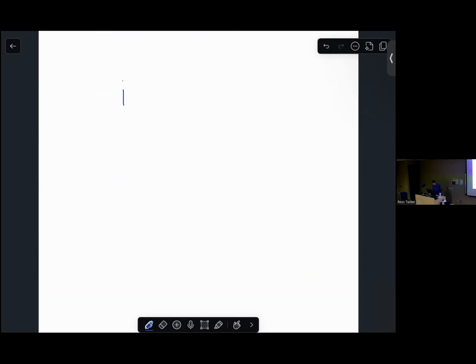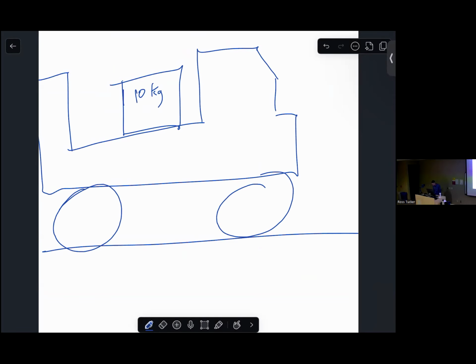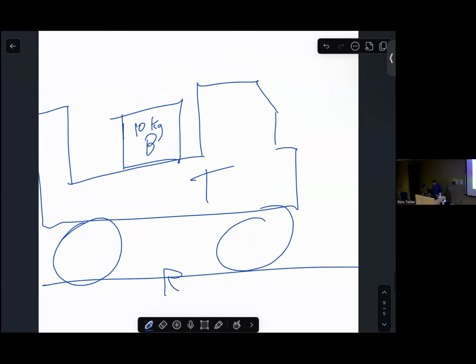A 100 kilo crate. Whoa, that's huge. 10 kilo crate. Did I say crate? I said box before, didn't I? Okay, there's a 10 kilogram box on the back of the truck bed. Wow, that truck tailgate is big.